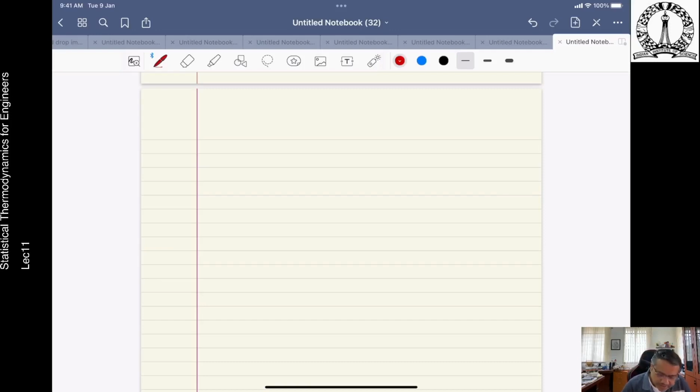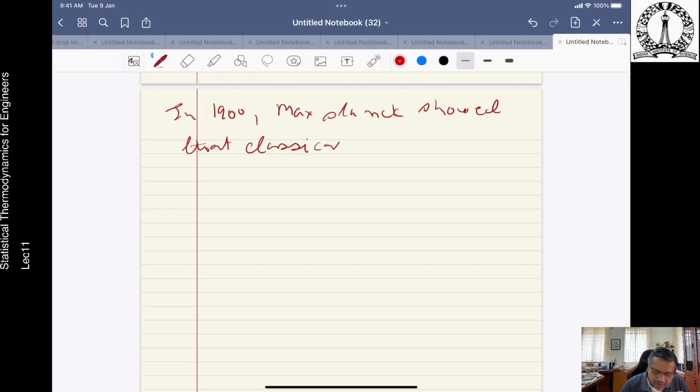So what happened was that in 1900, Max Planck showed that the classical theory of oscillating electrons could not explain the behavior of blackbody radiation.